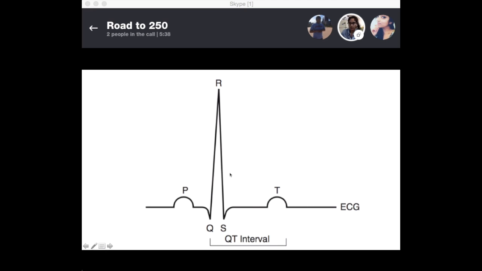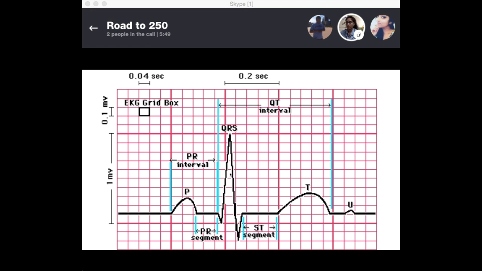So this is what our normal would look like. If you see anything right off the bat that's abnormal, that means there is something happening in the heart. Okay, sorry, this picture is a little trippy, but looking at the PR interval here, this is what we want to look at closer, and looking at the grid lines, 3 to 5 small boxes starting at the P, or 120 milliseconds.